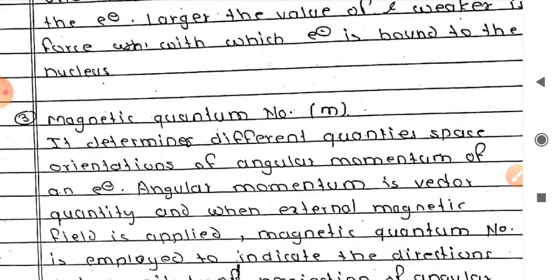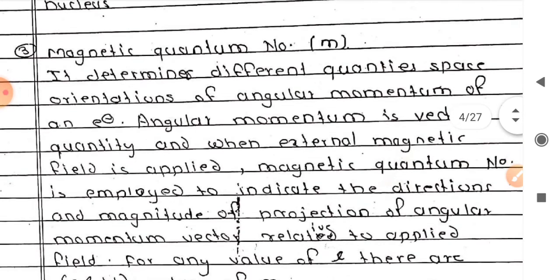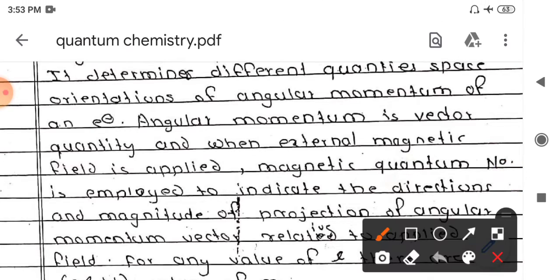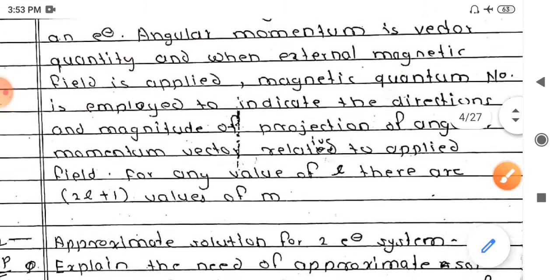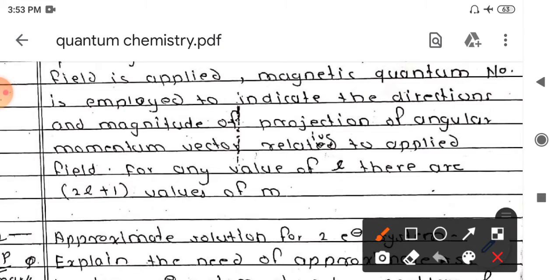Now the next quantum number is the magnetic quantum number. This quantum number determines the space orientation of the angular momentum of an electron. Angular momentum is a vector quantity, so it has a certain direction. When an external magnetic field is applied, the magnetic quantum numbers emerge, and they indicate the direction and magnitude of the angular momentum vector.